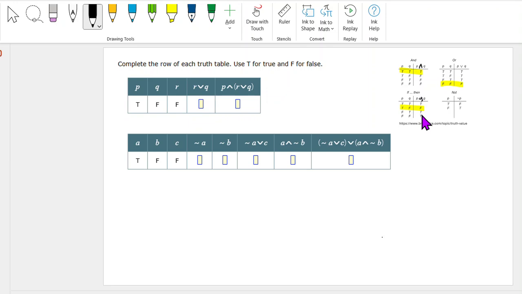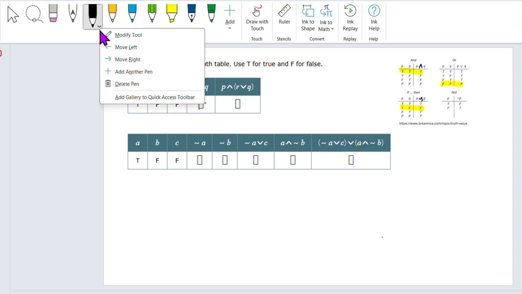So keeping that in mind and referring to this, now this becomes a lot easier to do because what we have here is R or Q. So we have a false or a false, and we know that that is false. So now we look at this.